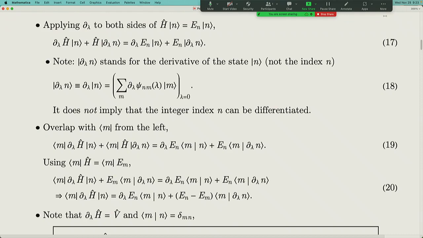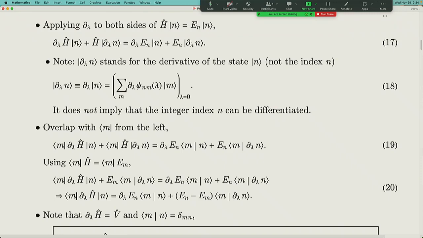We put this bra m state and overlap it from the left. So the upper formula becomes this one. To simplify this a little bit, there's nothing we need to do for the first term. The first term will be there. For the second term, there's some simplification we can do, because the H operator, the Hamiltonian operator, can act on the right, on the n state, and give you an eigenvalue times the state, right?